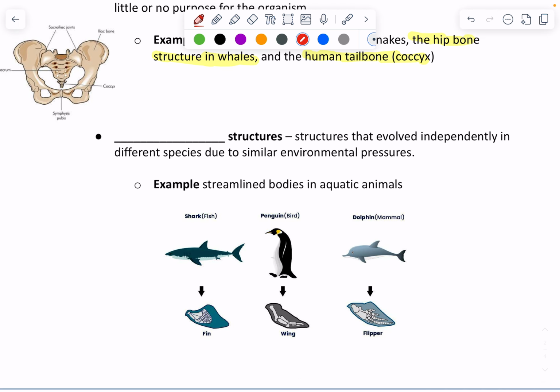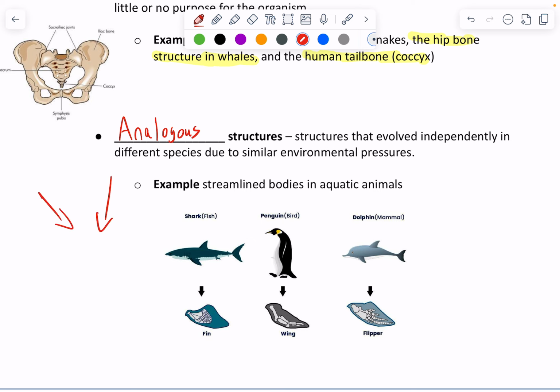Next up is another term we've seen before. This is called analogous structures. So these are structures that look the same across species, but have evolved separately from distantly related ancestors. So these are not coming from the same common ancestors. They're converging onto them, right?